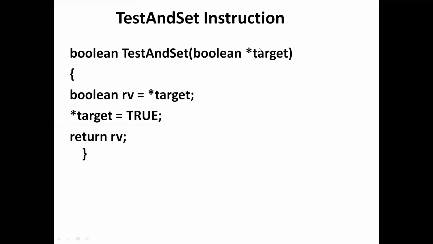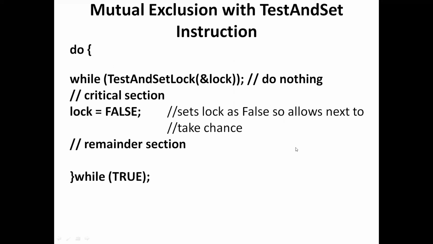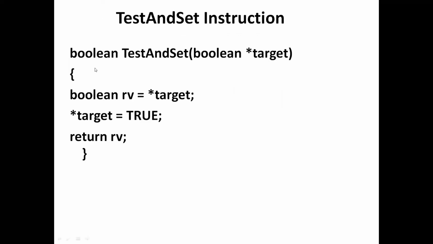The value at that address we assign to rv. Assume the lock variable is initially false, since initially all the variables will be false. So the initial value of lock is set to false, and that false value is passed to this test and set instruction.